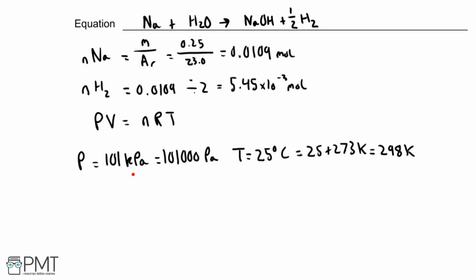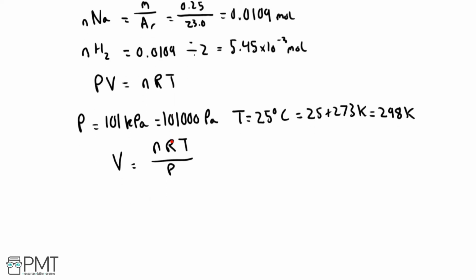Now that we have all the quantities we need in order to calculate the volume, as we have every other quantity in this expression, with R given to us in the question, we can rearrange this by moving the pressure over to the right. So we would get volume is equal to moles multiplied by the ideal gas constant multiplied by temperature over pressure. So now we can substitute in all our values.